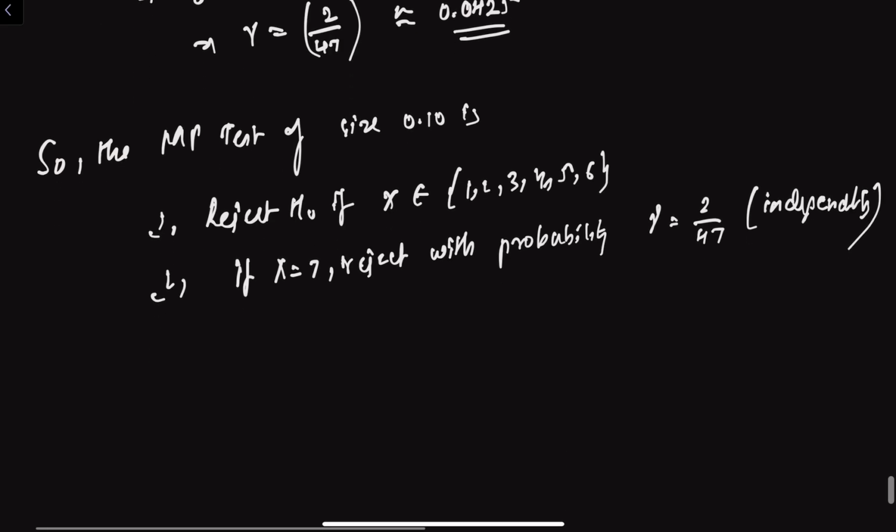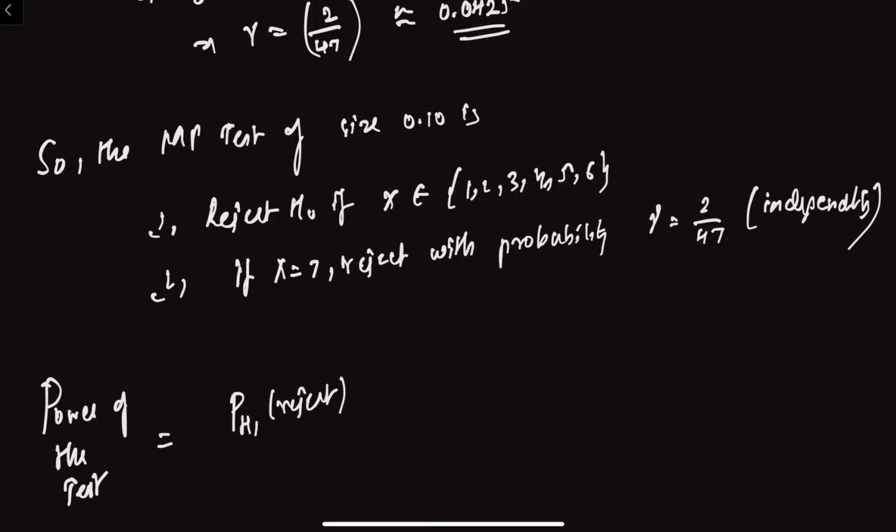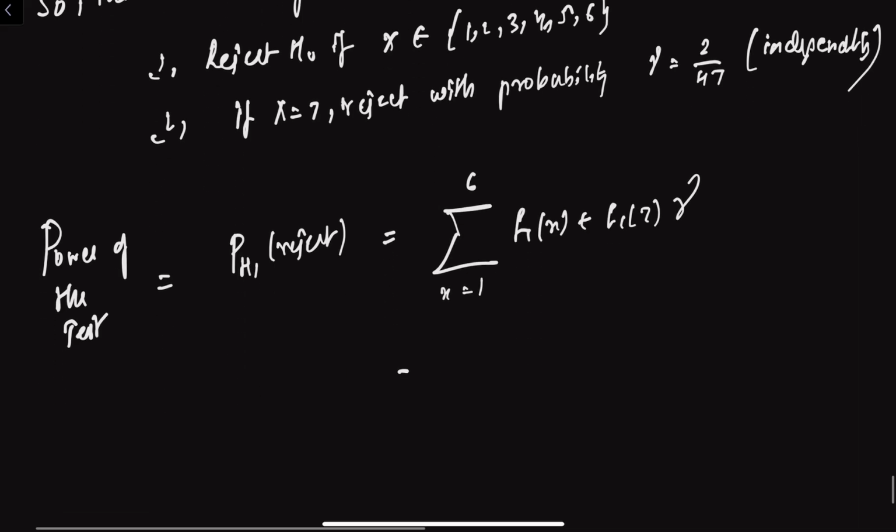Now the power of the test is asked in the question. The power of the test is nothing but the probability of rejecting H0 when H1 is true. So that is the sum over x equals 1 to 6 of f1 of x, plus f1 of 7 times gamma.